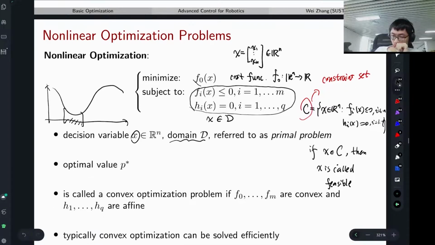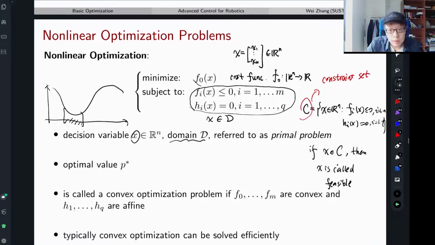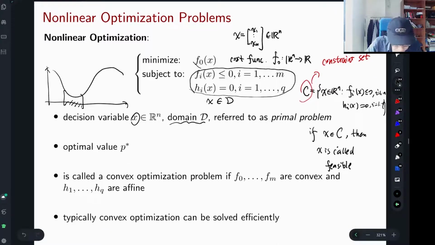This problem, if I write this way, is a standard nonlinear optimization. It could be convex, could be non-convex, could be linear, could be nonlinear. But it all satisfies this general structure. So a particular class of optimization problem that I think is very important is called a convex optimization problem. Roughly speaking, it means all these f's are convex and h are affine.